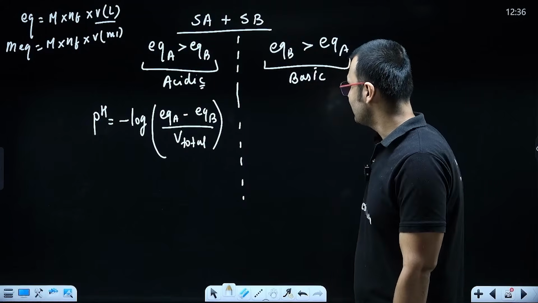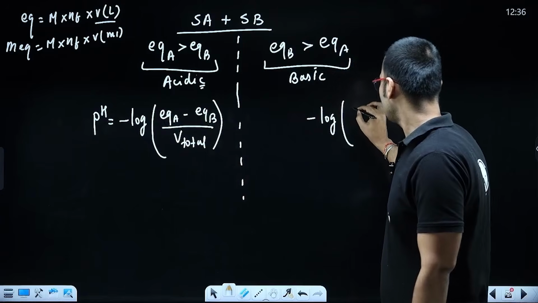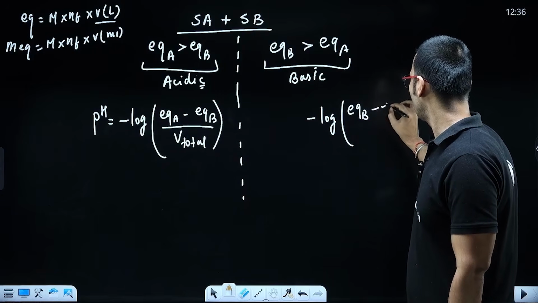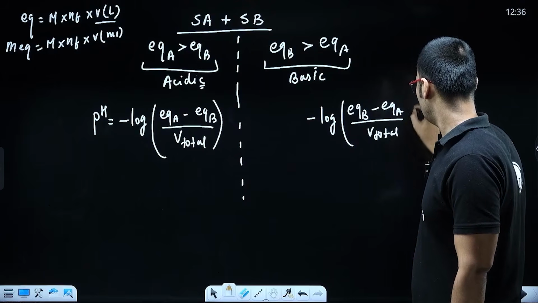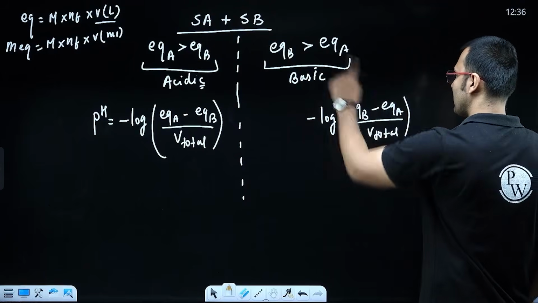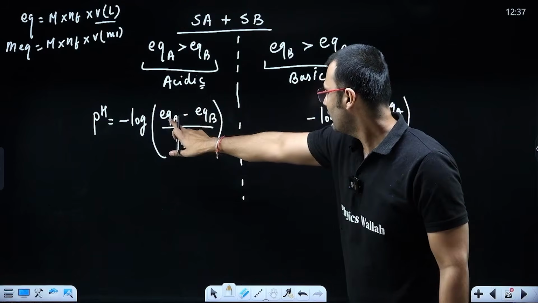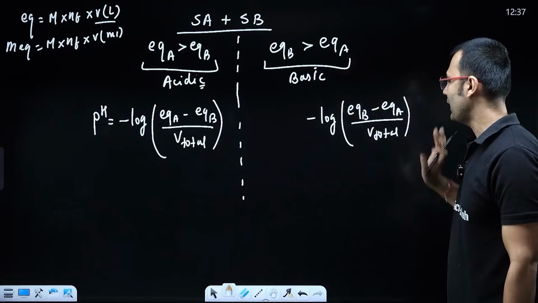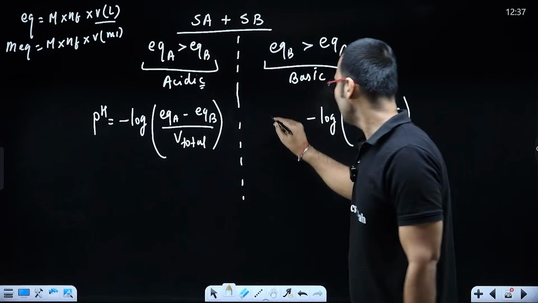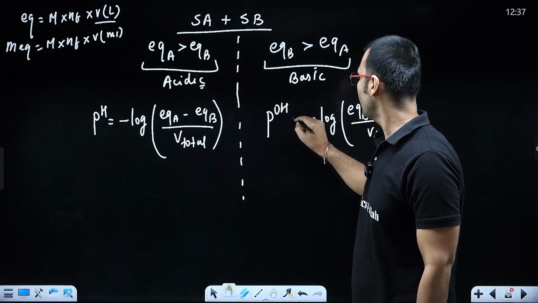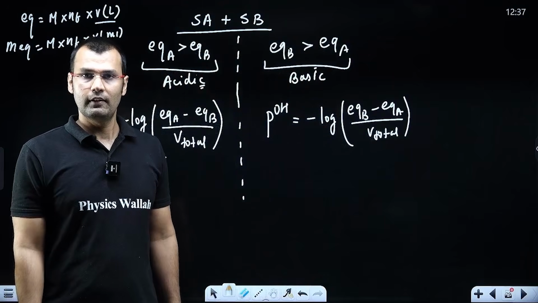And in that case, again you will apply the same formula, minus log, this time (equivalents of base minus equivalents of acid) divided by total volume. Of course, we did base minus acid because here base is more, right? So a similar formula we are using. Here equivalents of acid minus base, here equivalents of base minus acid. The only difference is here we were getting pH, but this time you will be getting what? pOH, because base is in excess, first base gives you OH minus, right?